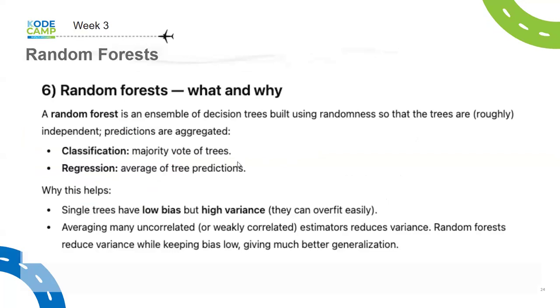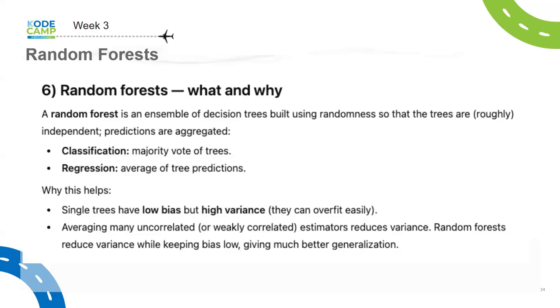What happens in a random forest is that you have multiple decision trees that you have trained, and then you put them in parallel. So when you have a data set you want to make a prediction on, each tree in the forest will make its own prediction, right? And then you aggregate the predictions.